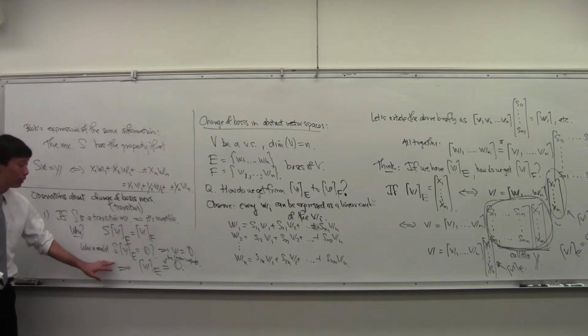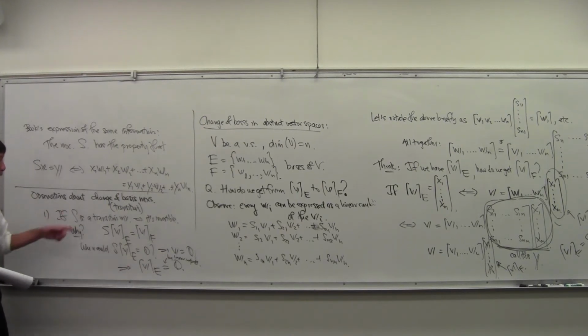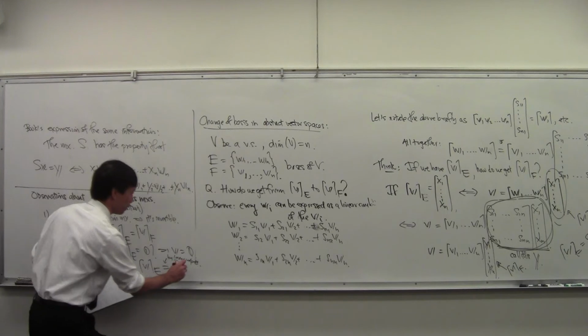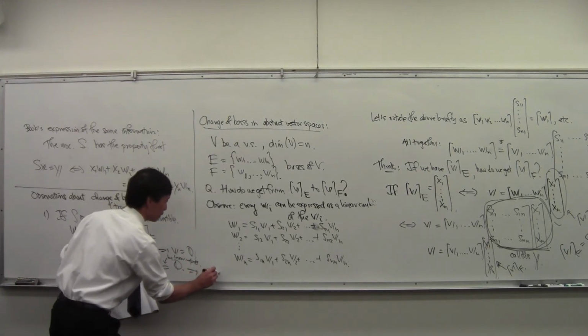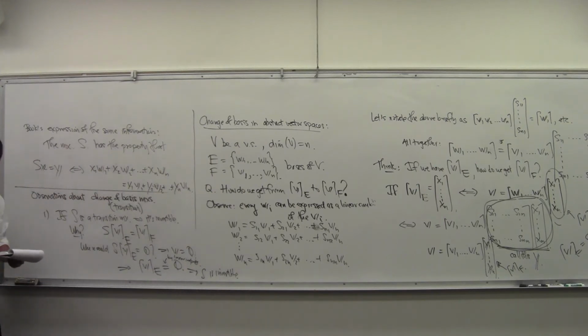Okay. So what does that tell you? That tells you that the only time you can get the zero vector is if your input is the zero vector. Well, what does that tell you? That S is invertible. So if you're a transition matrix, then you're invertible.